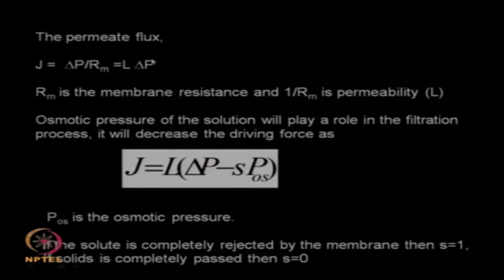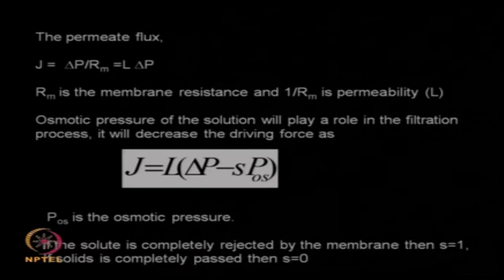Now, of course, osmotic pressure is also going to play a role. Osmotic pressure will reduce the flux, that is, it will decrease the driving force. Do you understand? So, you are filtering and there is an osmotic pressure because the permeate has very low concentration of your solute.